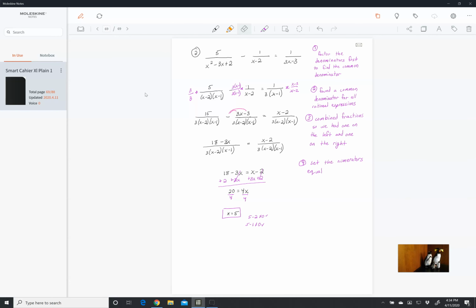I say for the moment because we have to still use them at the end to check for extraneous solutions. Then we solved for x. And finally, we check to see if the solution is extraneous.